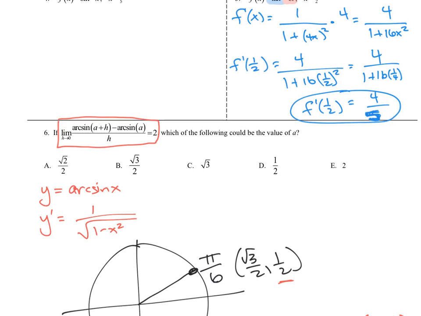But this time, instead of saying that the a value is known, I don't know the a value. It just says a in my difference quotient. I'm telling you that I know what y prime is. Y prime is equal to 2. And your job now is going to be to solve for x, which means you have to do some algebra to figure out what that x value is going to be. And then you're going to circle the correct answer.